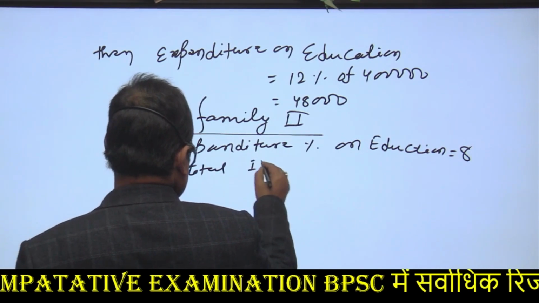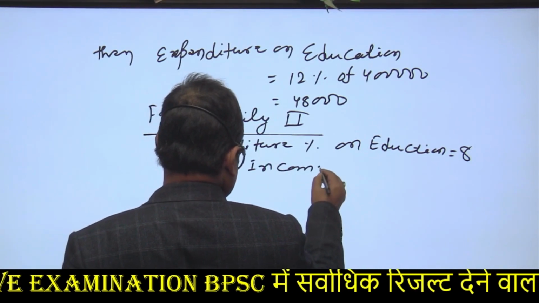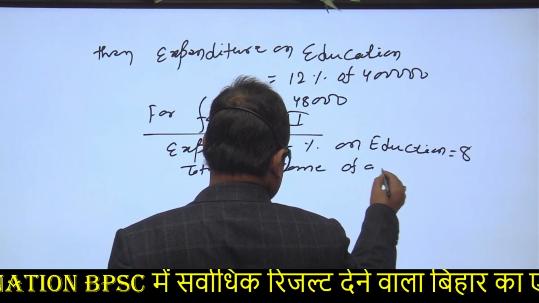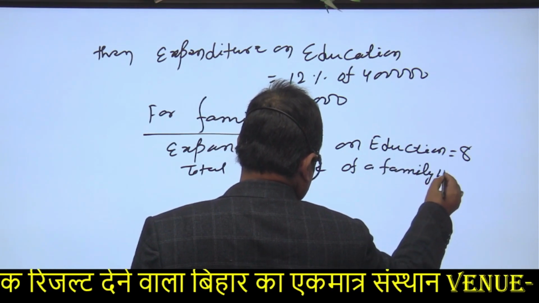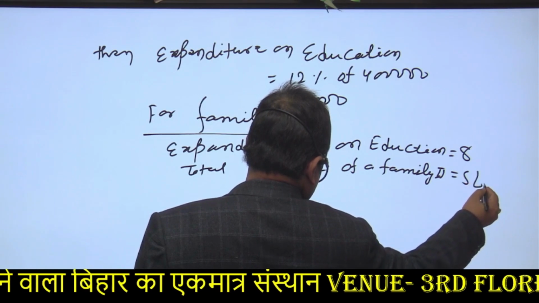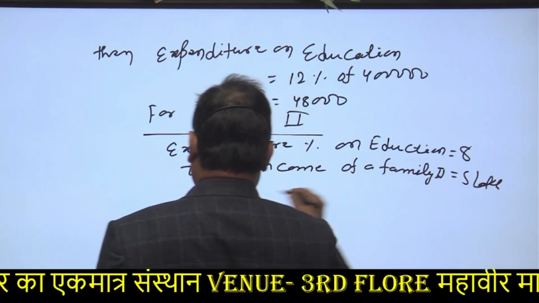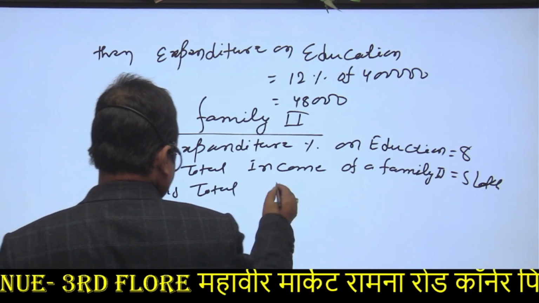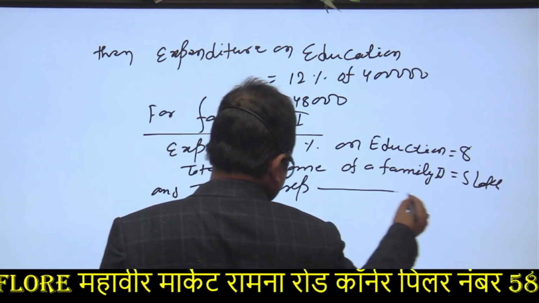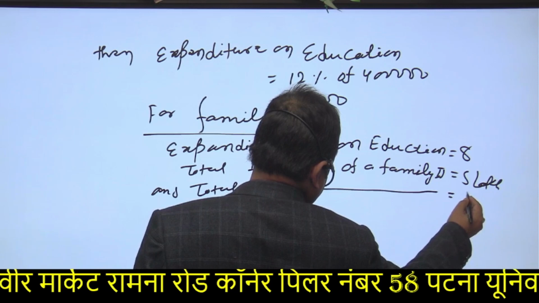Total income of family 2 equals to 5 lakh, and total expenditure of family 2 equals to 5 lakh.